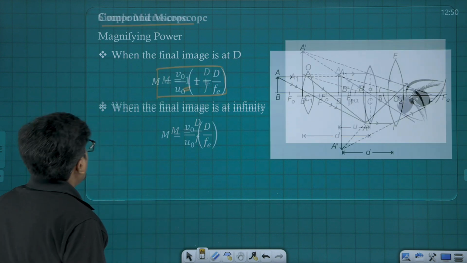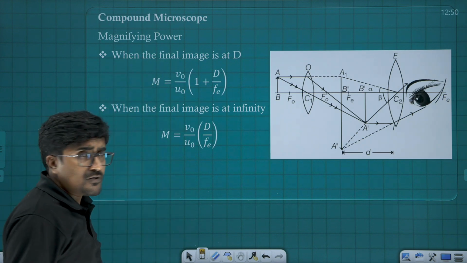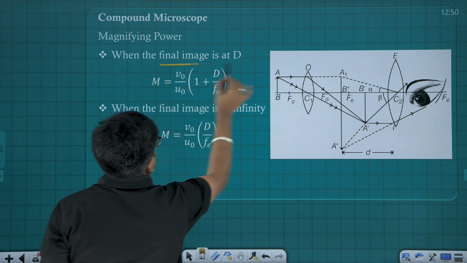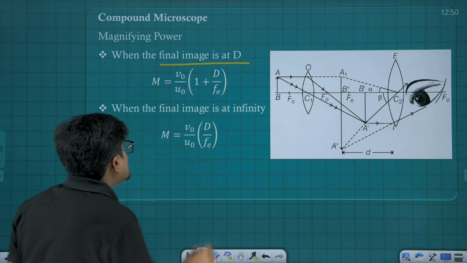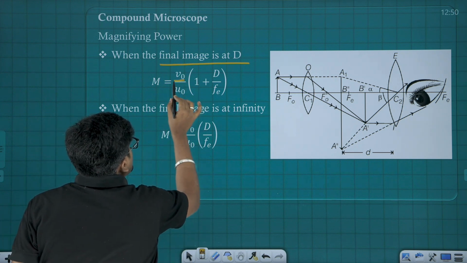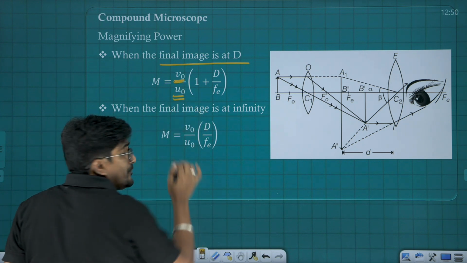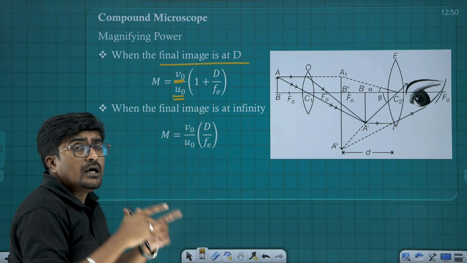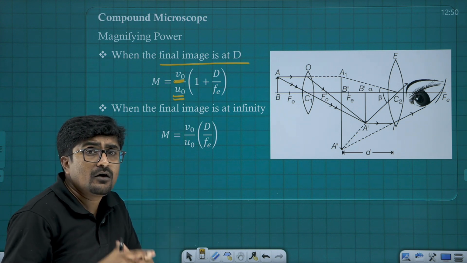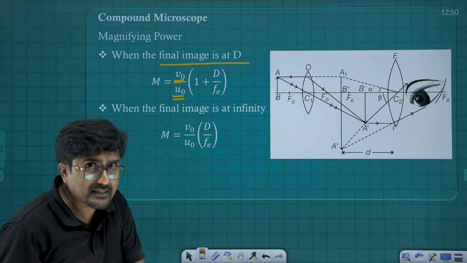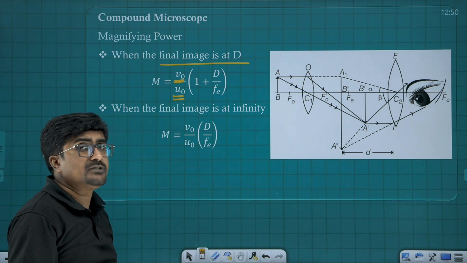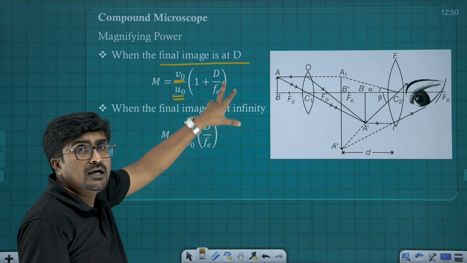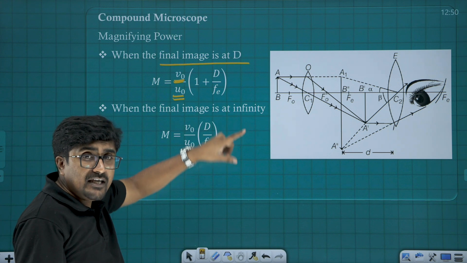Alright. Now moving to the compound microscope, again if the final image is formed at the least distance of distinct vision, this time it is v suffix o upon u suffix o, where v suffix o is the image distance with respect to the objective lens, and u suffix o is the object distance with respect to the objective lens, into 1 plus D upon fe.